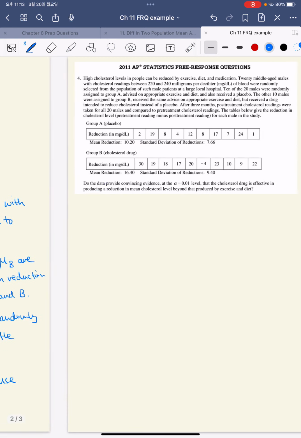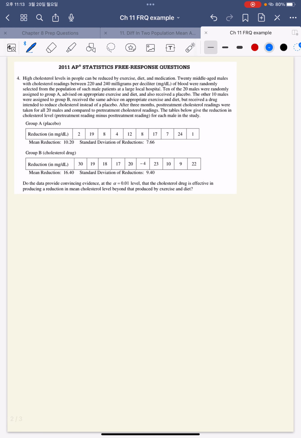So in this case, we have to actually plot the data points that we have and see if there is any sort of skew or outliers that we have to take care of.